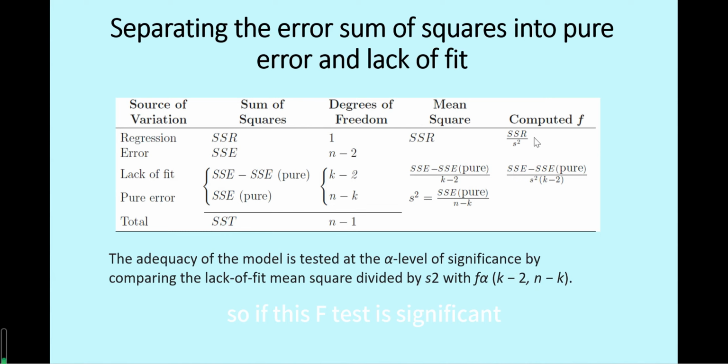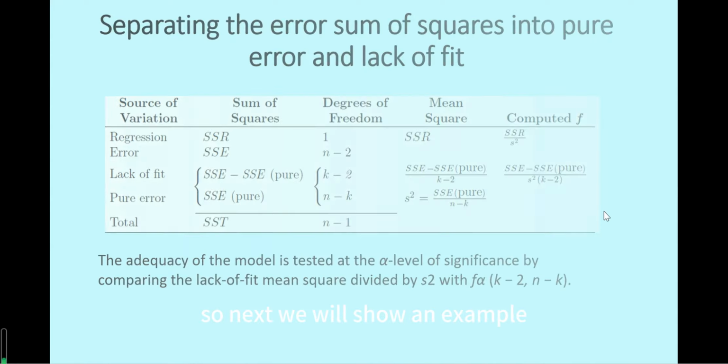So if this F test is significant, then we will reject the null hypothesis and this term will not be 0, which means the model does not fit well, right? We have omitted some important items in the model. So if this test is significant, the model is not appropriate.